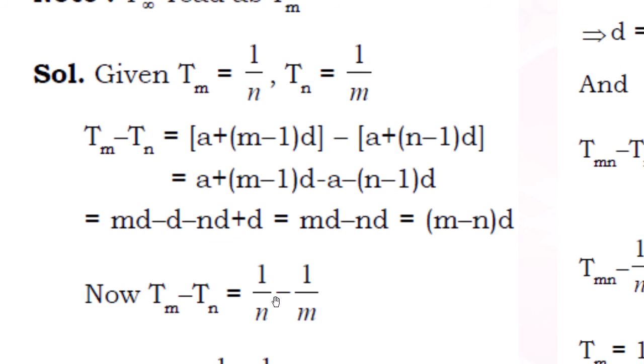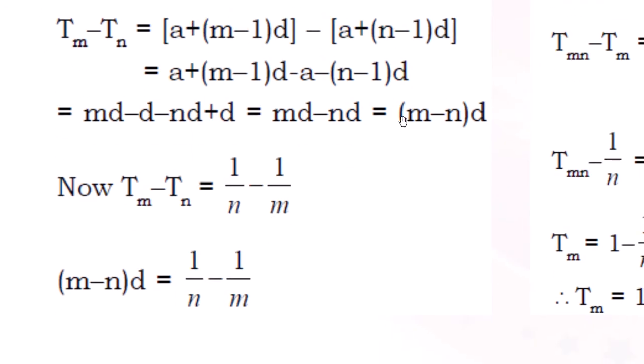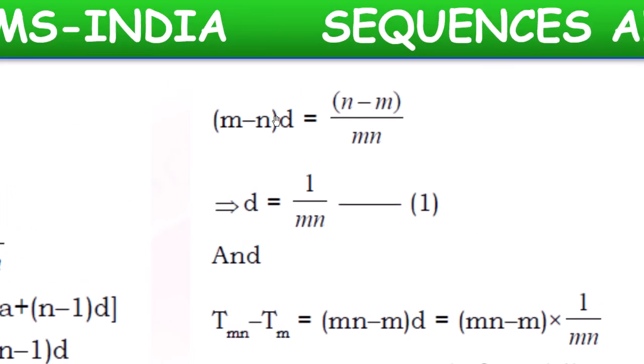But Tm minus Tn equal to 1 by n minus 1 by m according to the given values. So these two values will be equal. If we take LCM on the right hand side, it is equal to n minus m by mn.